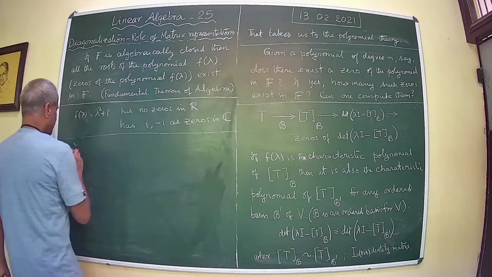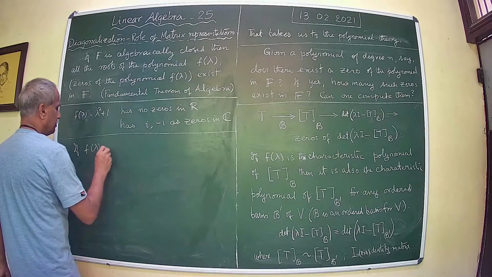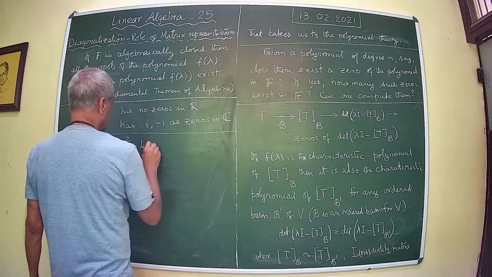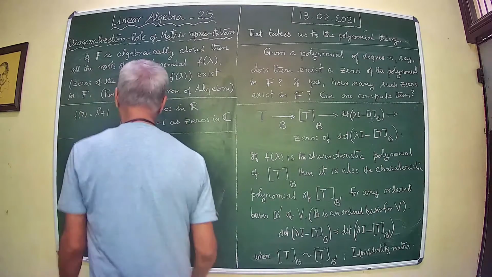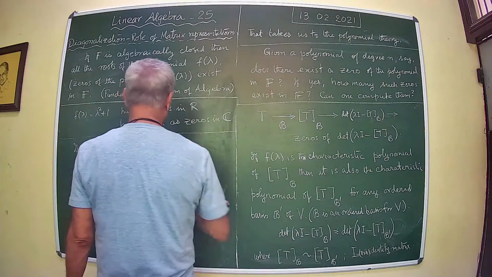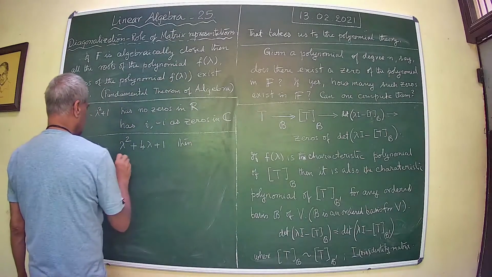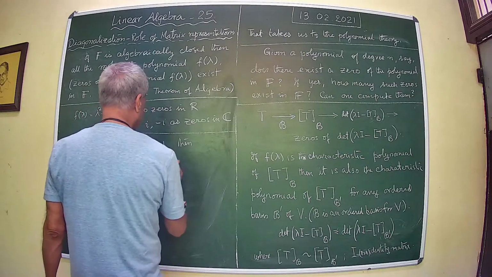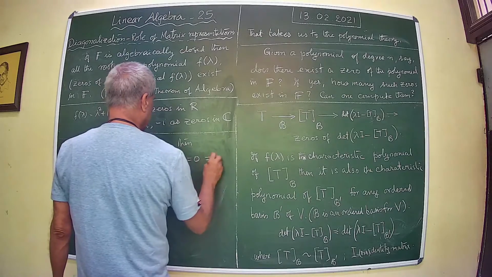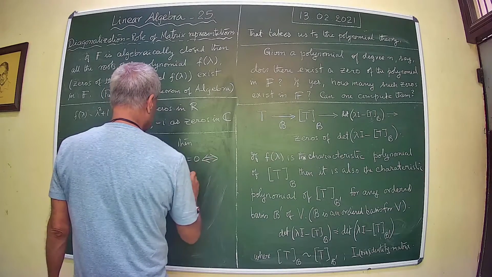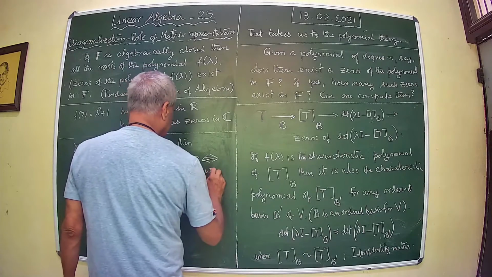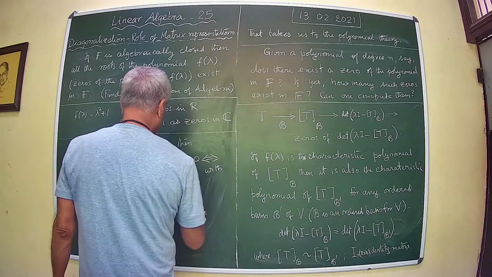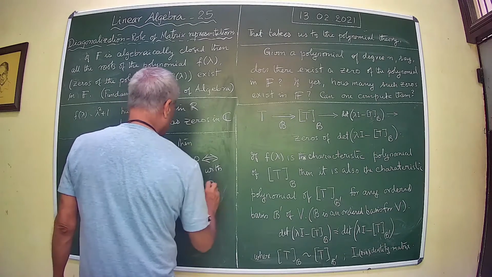For example, if f of lambda is equal to a perfect square, then f of lambda equal to 0 implies a root with multiplicity two.